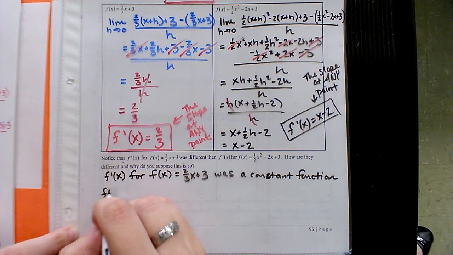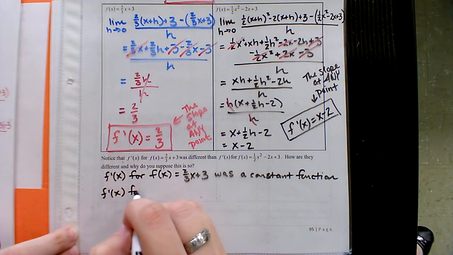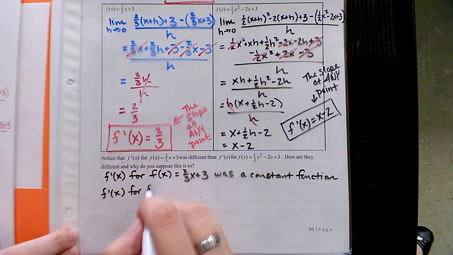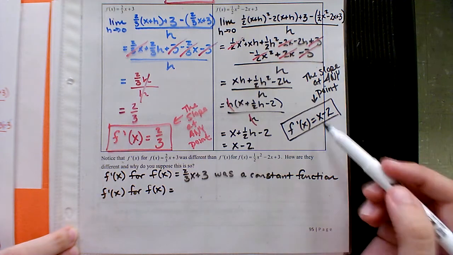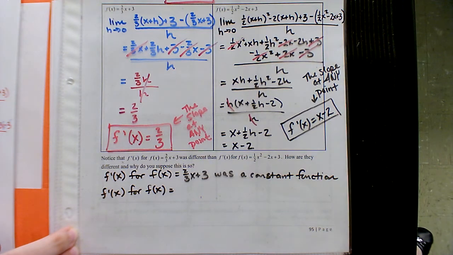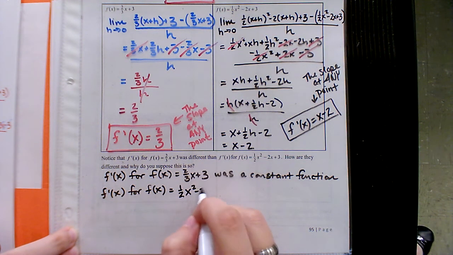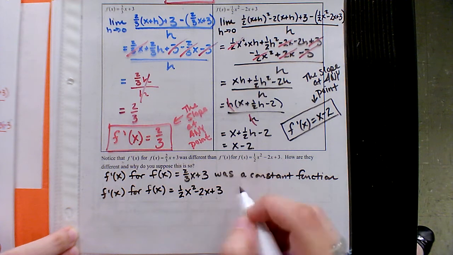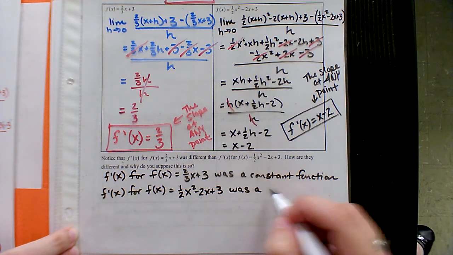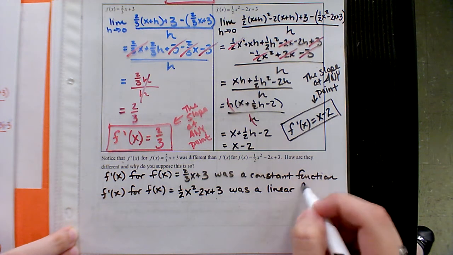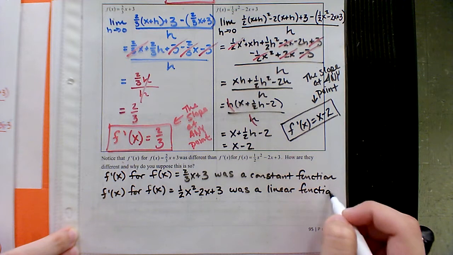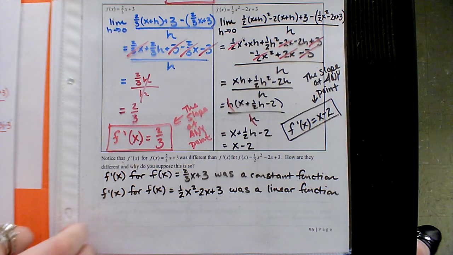How would you classify the derivative for the second example we did? This x minus 2. Anastasia, what's that kind of? That's linear. So the derivative for the quadratic equation was a linear function. Let's make a connection here.